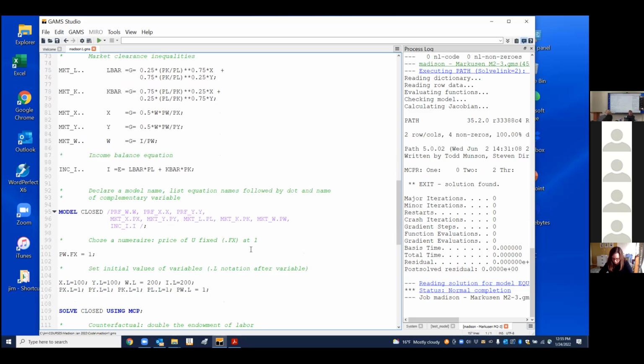Now, there's one more issue that people are probably taught in a master's micro class and then promptly forget about for the rest of their lives, which is there's kind of an extra equation in the model. And the way we normally explain this is Walras's law.